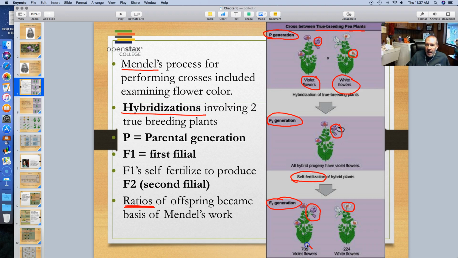And notice that on average, for every 1,000 offspring, about 3/4 of them were always violet colored flowers, and about 1/4 were the white colored flowers. Again, notice it's not exactly 750 to 250, but it's pretty close to a ratio of 3 violet colored flowers to every 1 white colored flower.